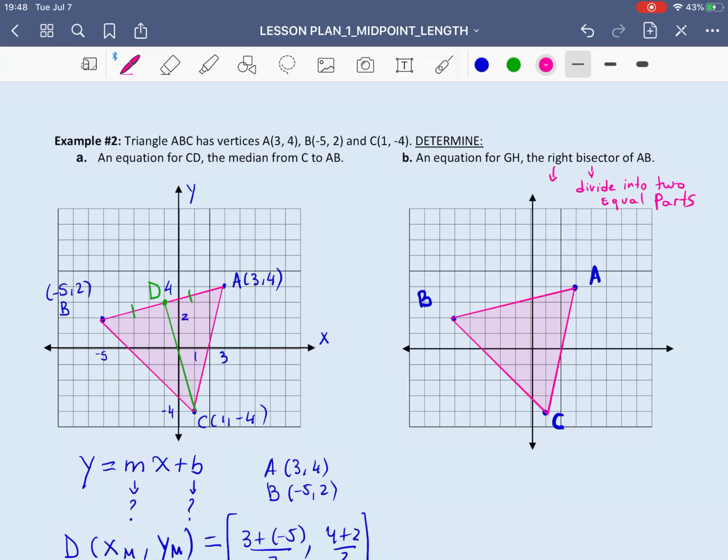And when it's right, that means it's perpendicular. So we want to draw a perpendicular on AB right in the middle of AB. So first we have to find the middle of AB, which I am going to call the point D, just like I did in the previous example here. And we're going to draw from here a perpendicular.